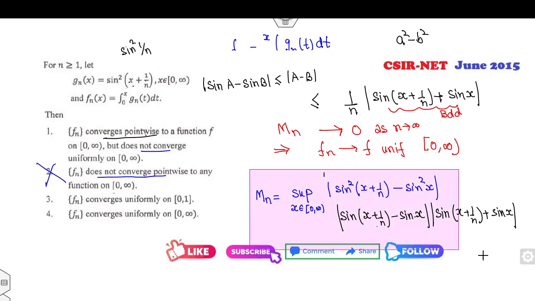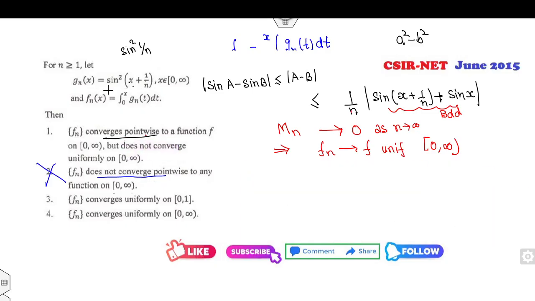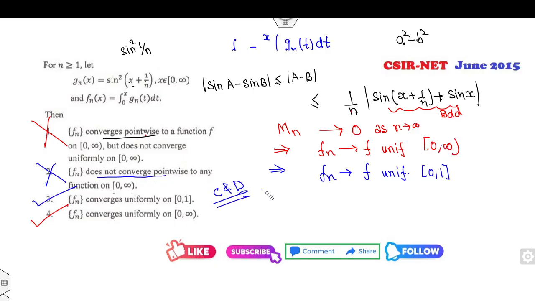Fine. So the first option, which said not uniformly convergent, is cancelled out. Last option is the correct option. Now if Fn converges to f uniformly, then it also converges uniformly on a subset, and 0 to 1 is a subset of this. So yes, this option is also correct. C and D are my correct answers.